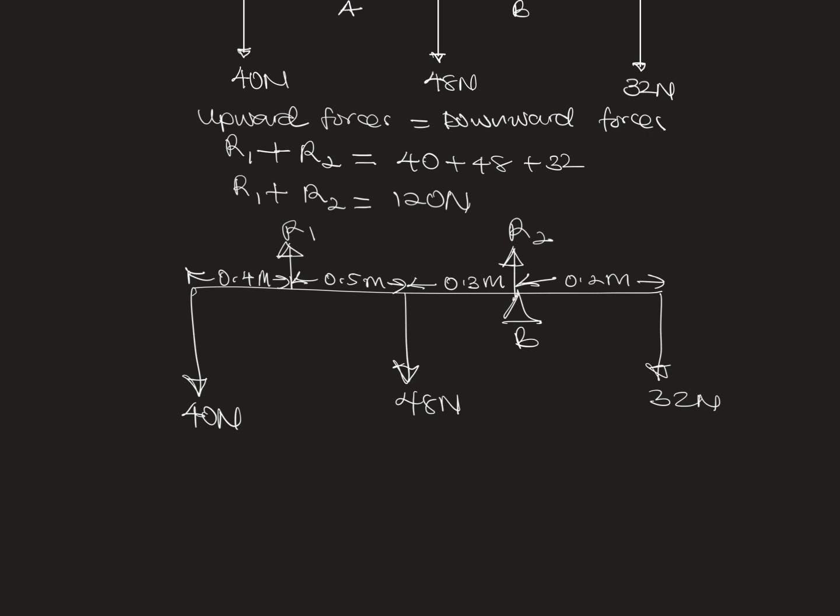If we are considering moments from pivot B, we're going to have the 32 newtons force acting like this, so it is clockwise. We're going to have 48 newtons acting like this, so that will be anti-clockwise. We're going to have 40 newtons acting like this.